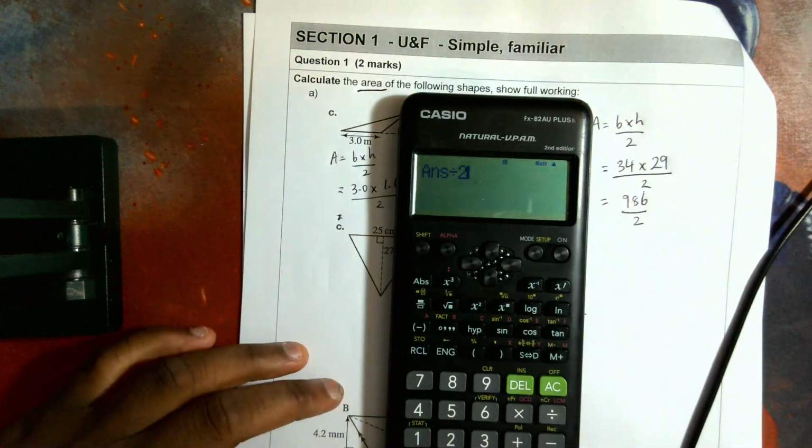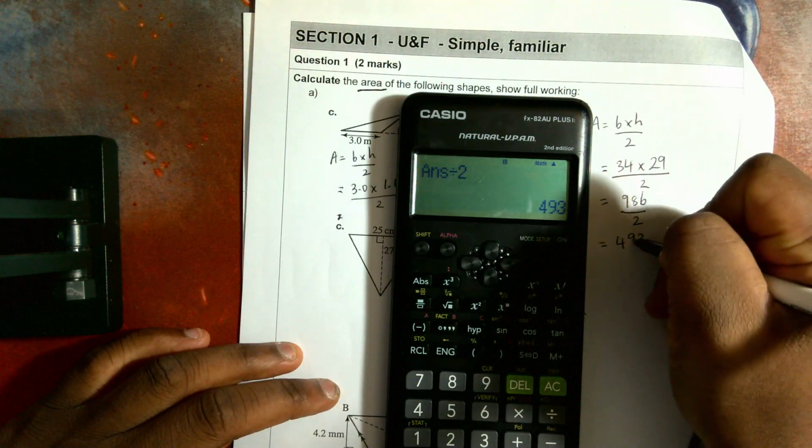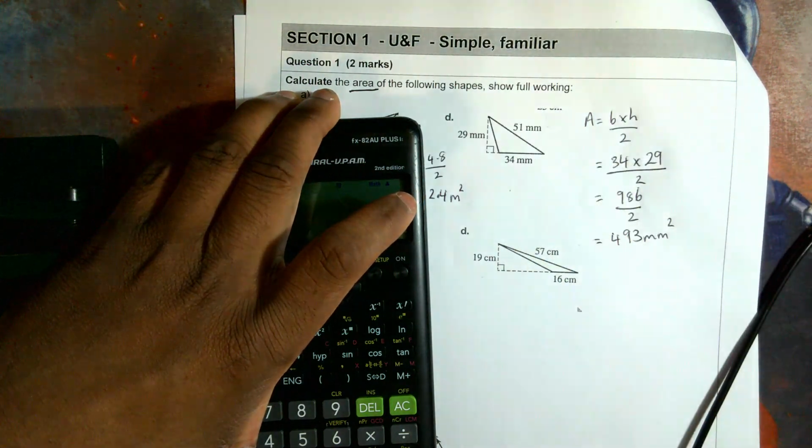In this case we're going to divide it by 2, so that gives us 493 millimeters squared.